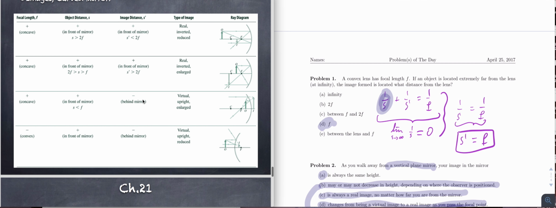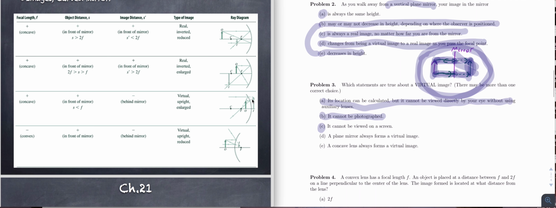In this case, where the object is in between the focal length and the mirror, you see that the image is actually formed behind the mirror where light does not pass through. So if we placed a screen right here, there's no light hitting it from the object. So you actually cannot view a virtual image on a screen. So this one is correct.